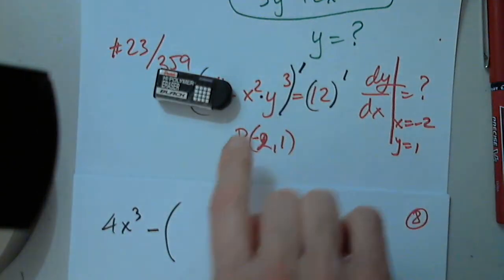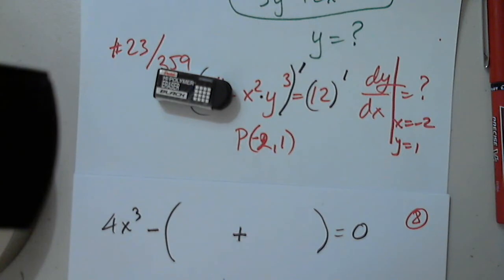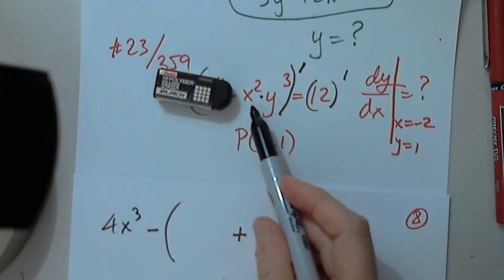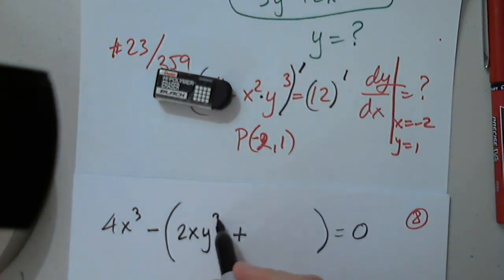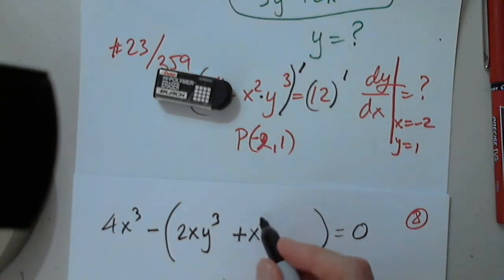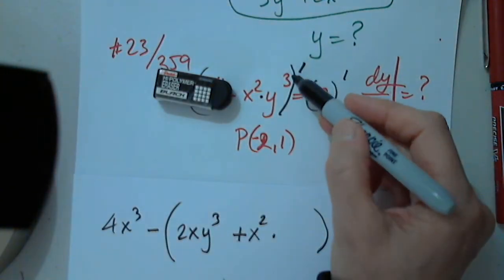Can anyone help with the differentiation of this product? We differentiate the first function, what do we get? Is the first part 2x y to the third? Excellent. Plus x squared times, how do we differentiate y cubed?